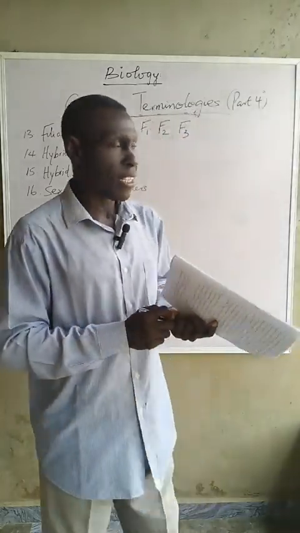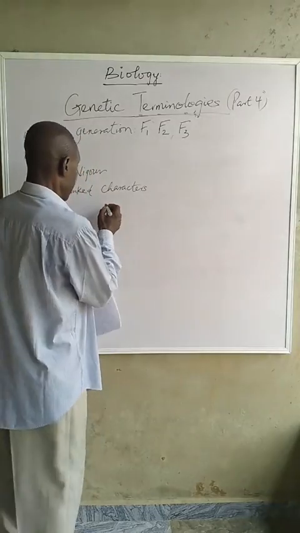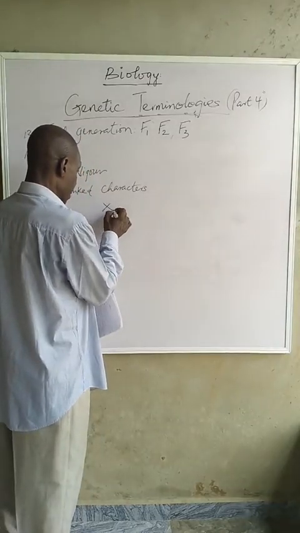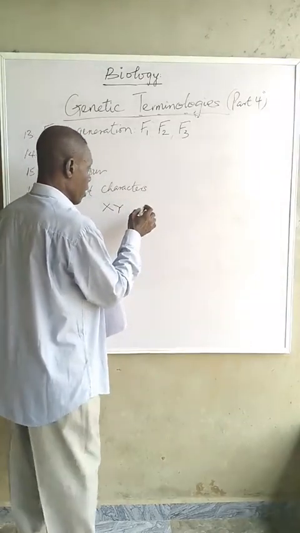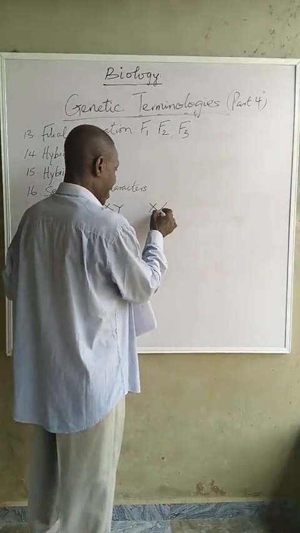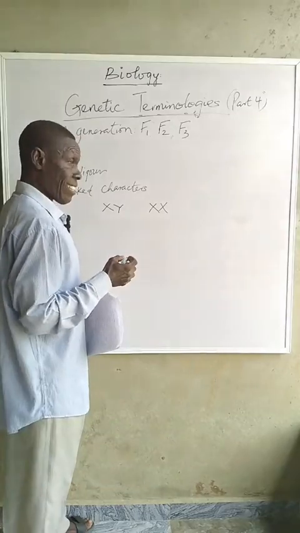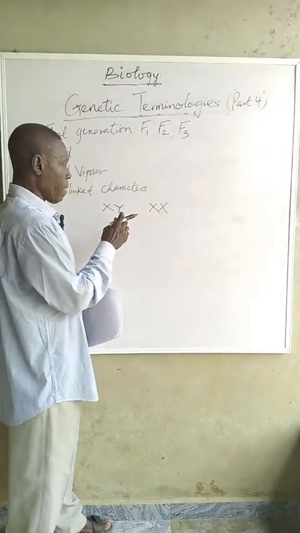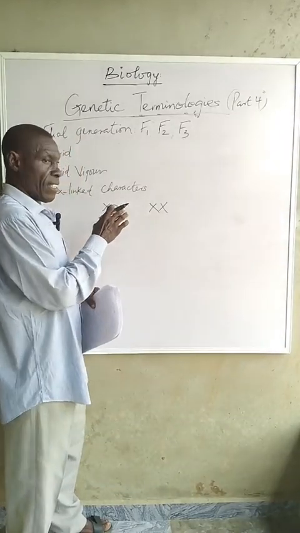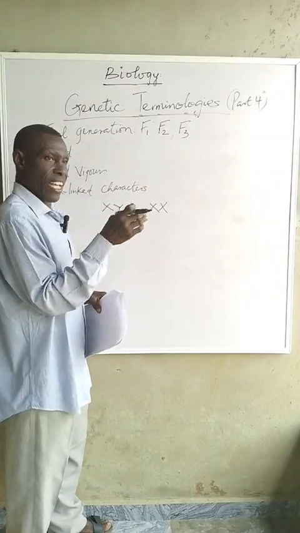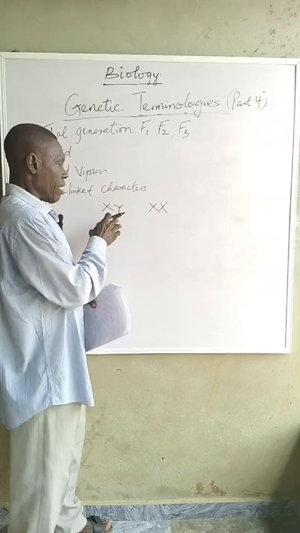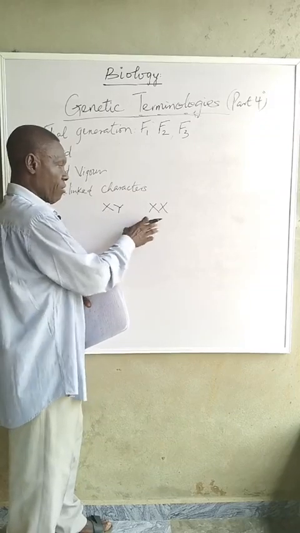Like we know that the male is XY chromosomes and the female is always XX. The sex of a child, or the gender, is determined by the crossbreed of this.